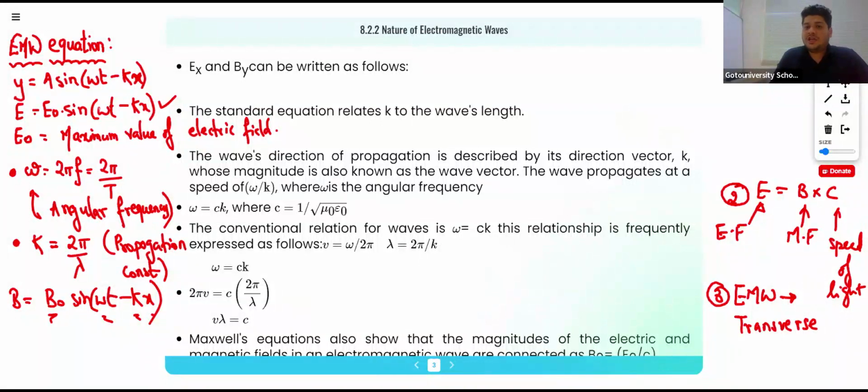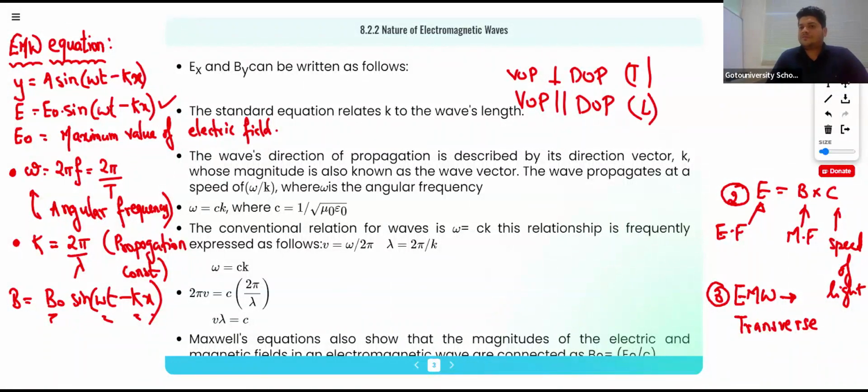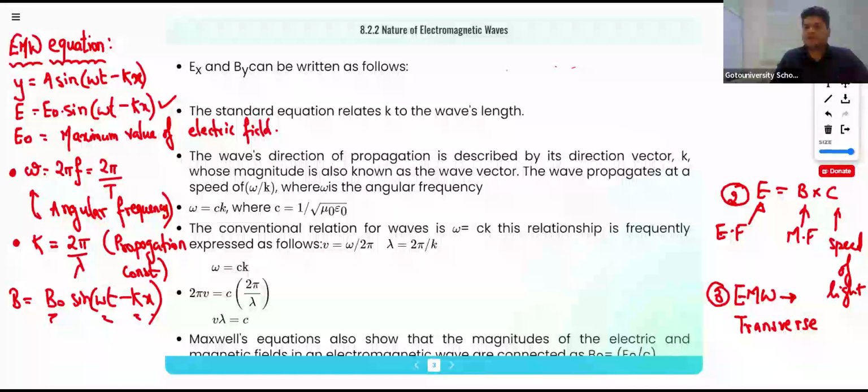The one in which vibration of particle is perpendicular to direction of propagation is known as transverse wave. And the one in which vibration of particle is parallel to direction of propagation is known as longitudinal wave. Okay, so these were the 3 points we studied.